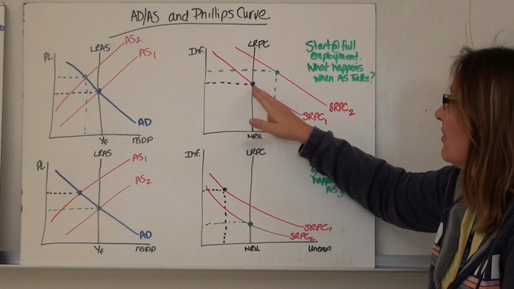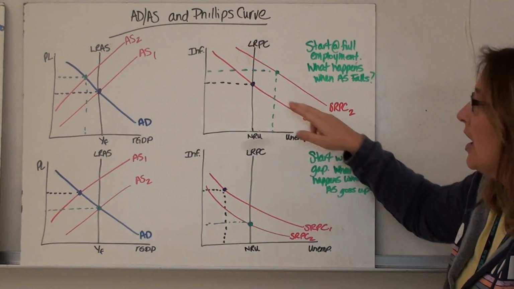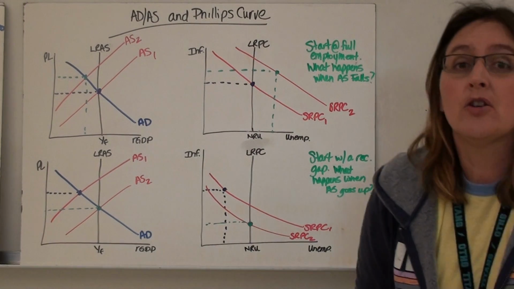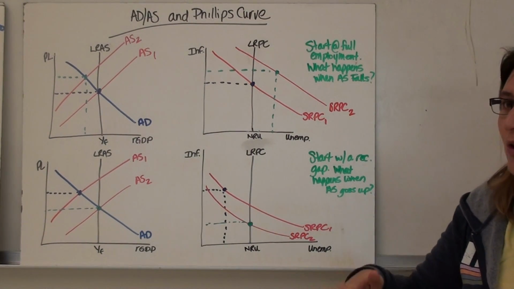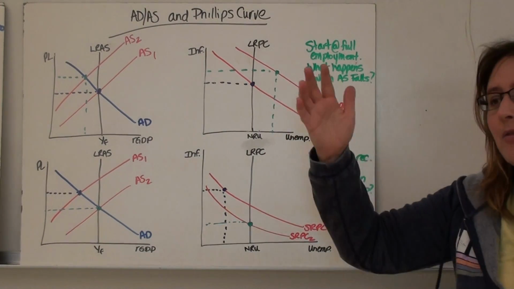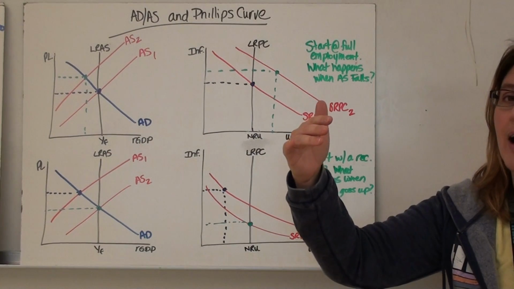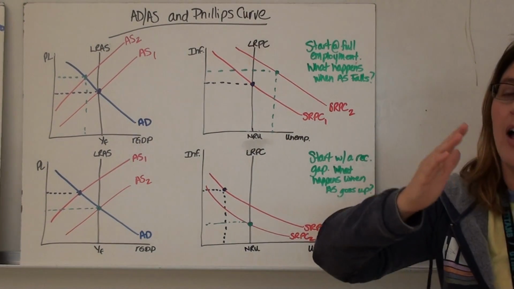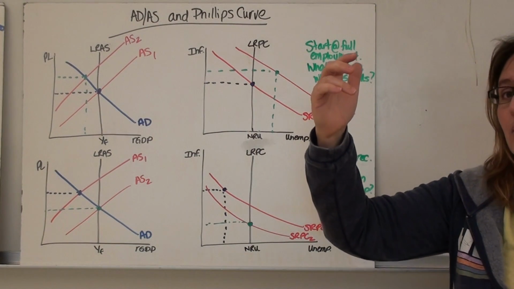On the Phillips curve, you're going to shift as well, this short-run Phillips curve, but you're going to shift in the opposite direction. Remember the shifters of AS are WRAP. What do wrappers do? They move their arms like this. This arm is your AS curve, and this arm is your Phillips curve. If you shift AS back to the left, you're going to shift the Phillips curve back to the right.